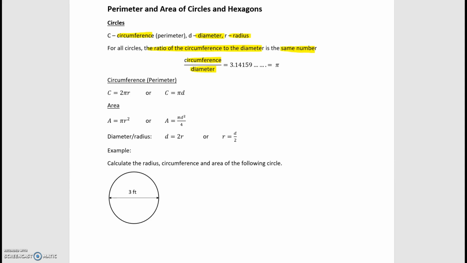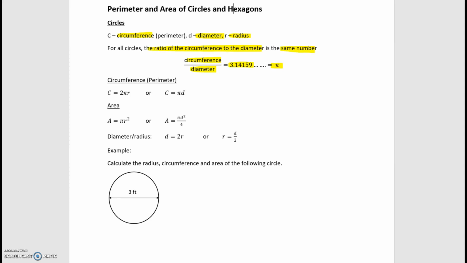And in this case, that number is pi. You've probably come across pi before, and most commonly know it as 3.14. Some people have more than 2 decimal places memorized, but 3.14 is a very common known measured value for pi.